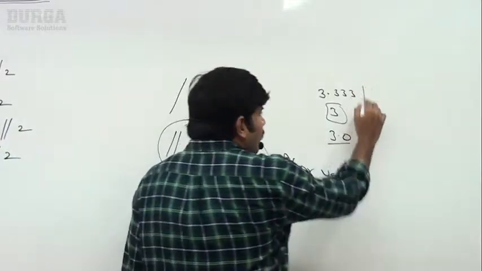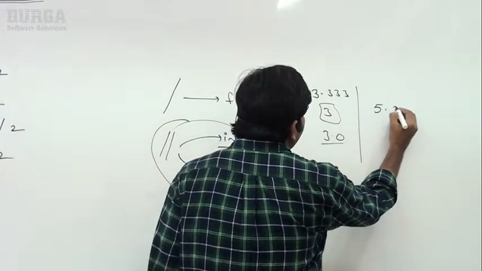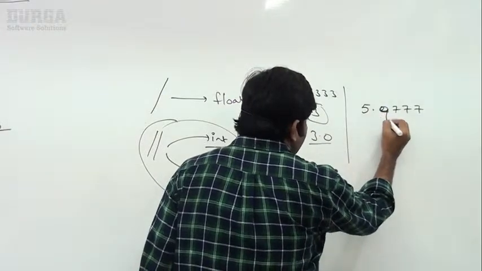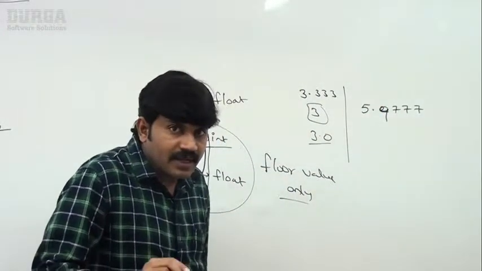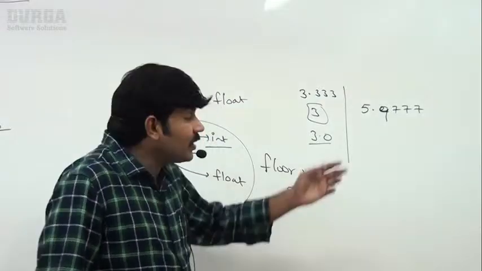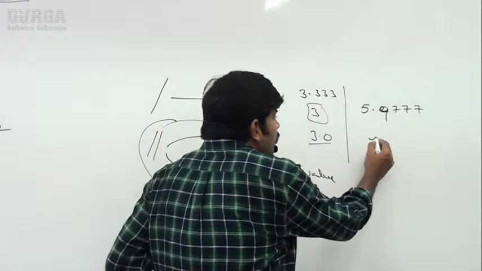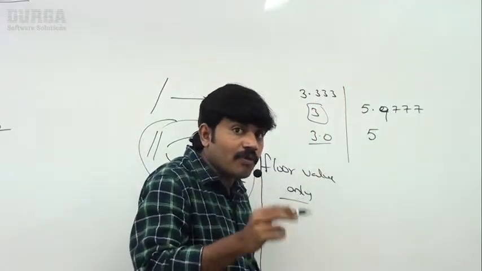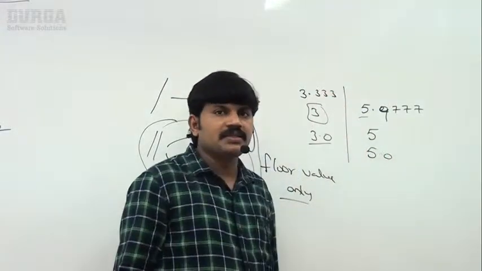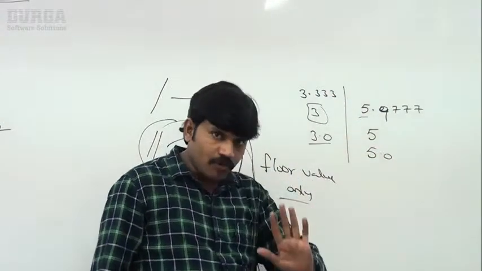Similarly, if I have 5.27277 or 5.9797, what is the floor int value? 5, sir. What is the float value? 5.0. So the integer before, whatever we have, is the floor value, right?